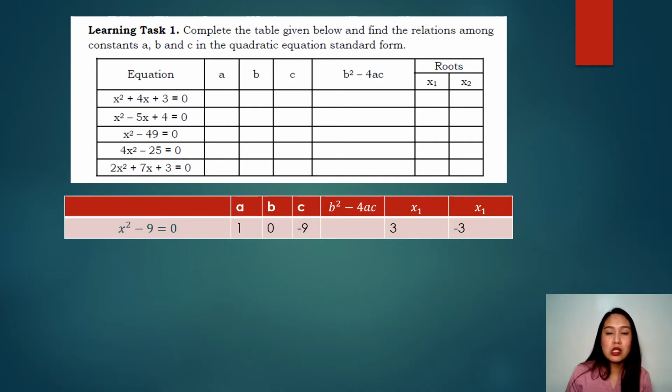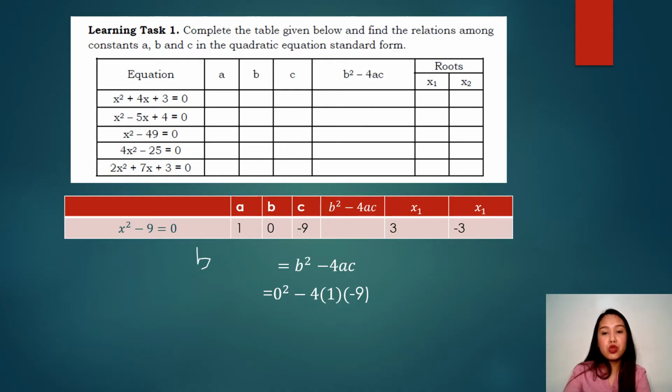Paano natin ito sasagutan? You're going to use this formula, b squared minus 4ac. You have to substitute the values of a, b, c to this formula to get what you're going to write in this blank or in this table. Substituting the values, b is 0, a is 1, and c is negative 9. So we'll have 0 squared minus 4 times 1 times negative 9.